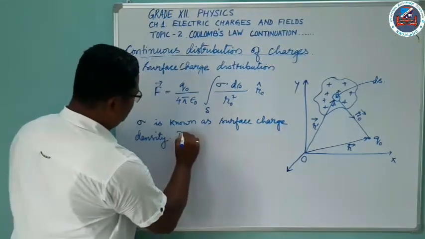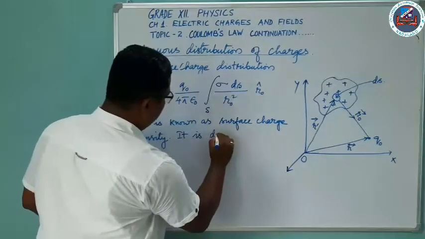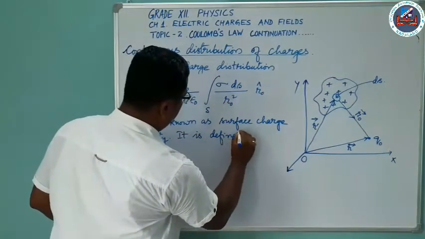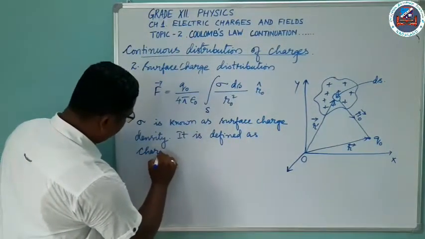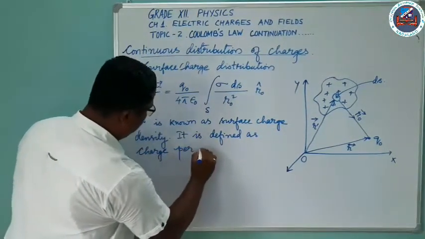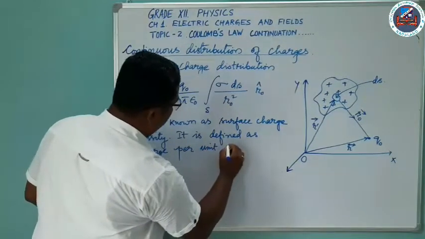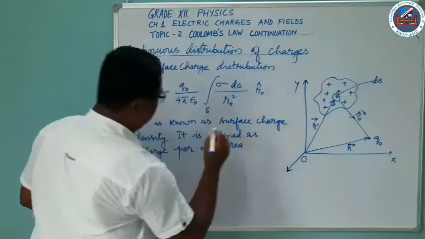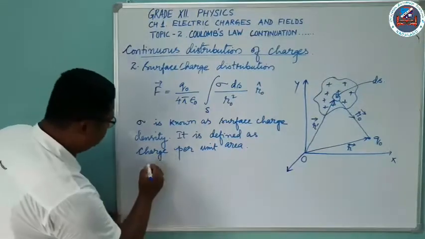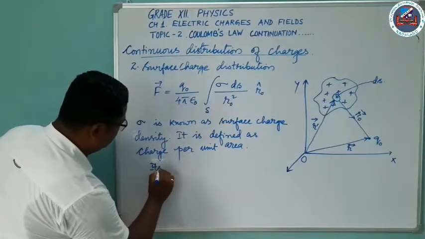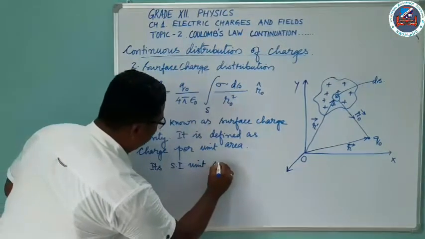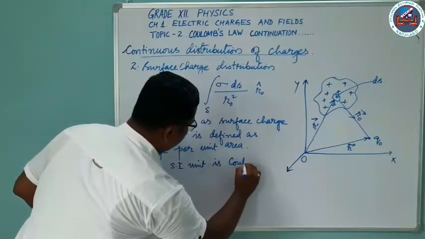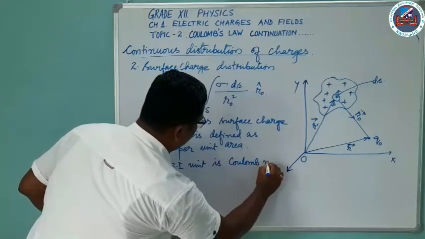It is defined as charge per unit area, and its SI unit is Coulomb per meter square.